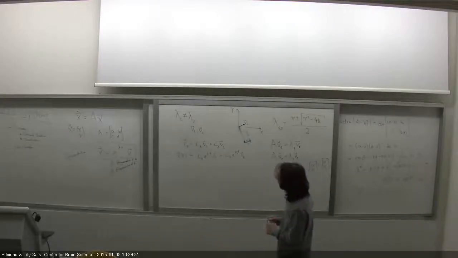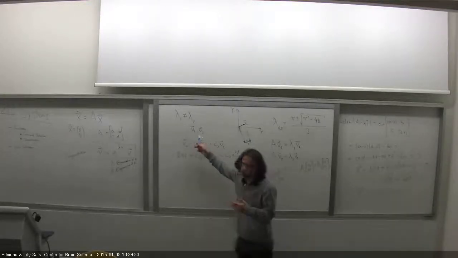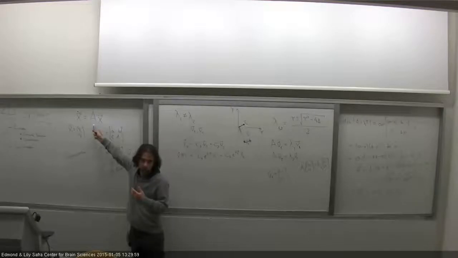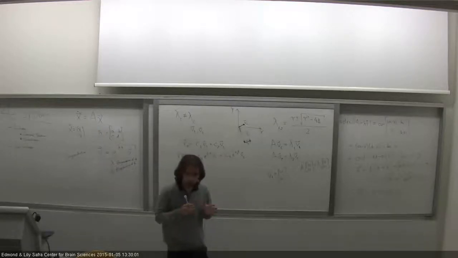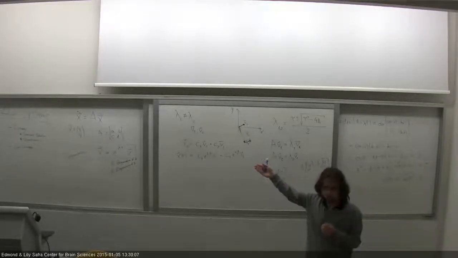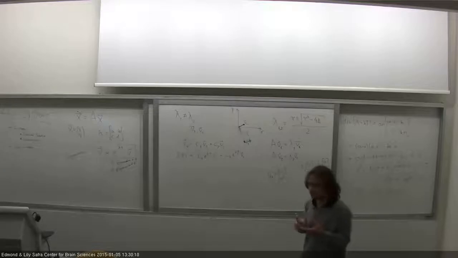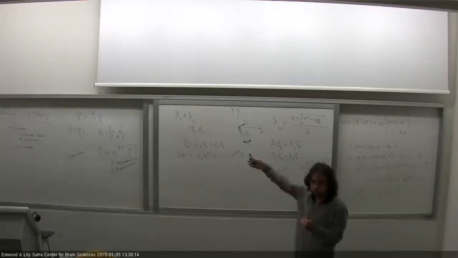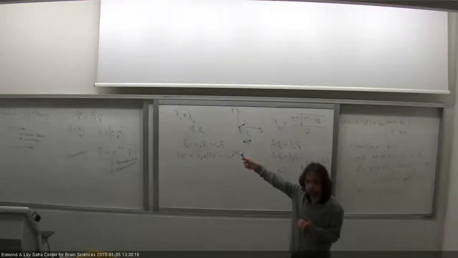The system does not evolve independently on them just because they are independent. It evolves independently because they are eigenvectors of A. So this is a special basis for the plane. Why special? Because it is the eigenvectors of A. The normal basis, 1, 0 and 0, 1, is not the eigenvectors of A.